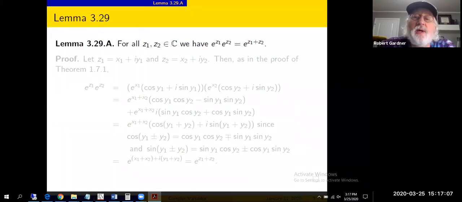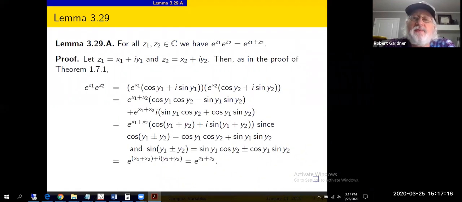Okay, so when multiplying, add exponents. The corollary was when dividing, subtract exponents. This follows easily, really, from just the definition of the exponential function. Let's take these two complex numbers, z1 and z2, and write them in terms of real and imaginary parts: z1 equals x1 plus iy1, and similarly for z2.